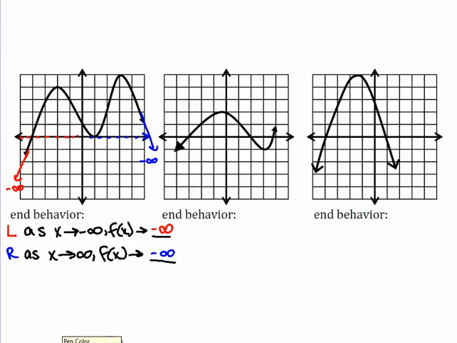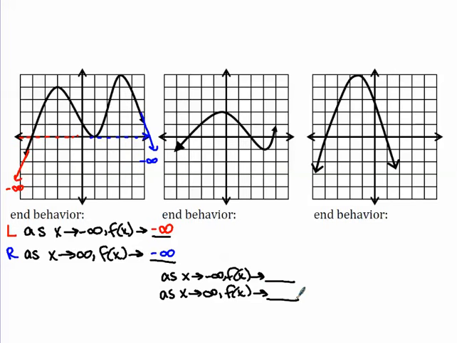Let's look at the next problem. The part that I wrote in black is always the same, so I'm going to just start by writing that. As x approaches negative infinity, f of x approaches blank, and as x approaches positive infinity, f of x approaches blank.